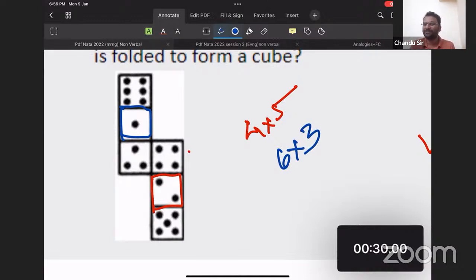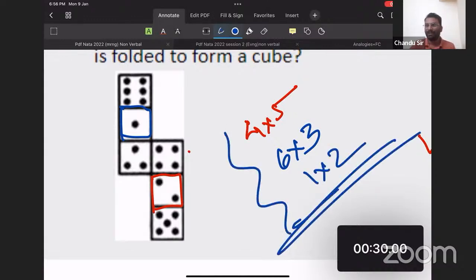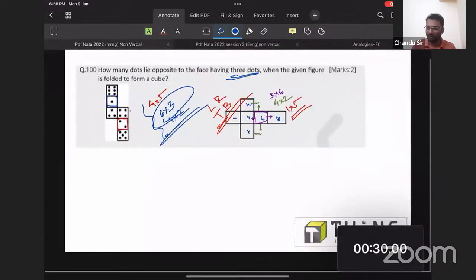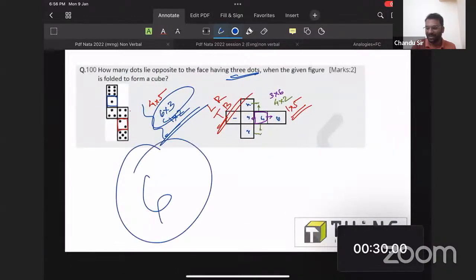Now the remaining, 1 and 2, will automatically be opposite. And my question was who is opposite of 3 dots? That is 6. It was a numerical answer type question.